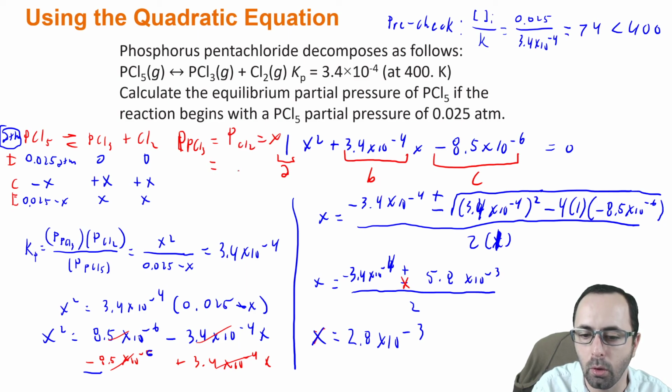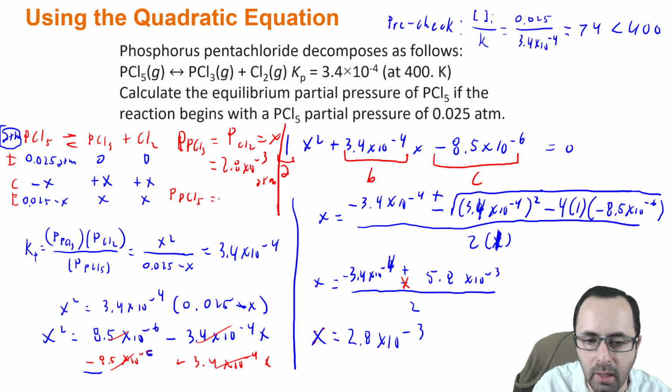So those equal 2.8 times 10 to the minus 3 atmospheres. And then for our pressure of PCl5, that's going to be 0.025 minus x. So that's going to be 0.025 minus 2.8 times 10 to the minus 3.